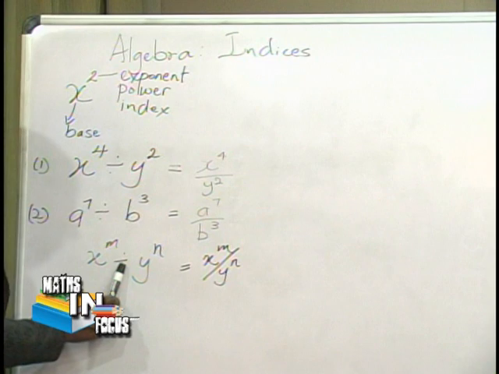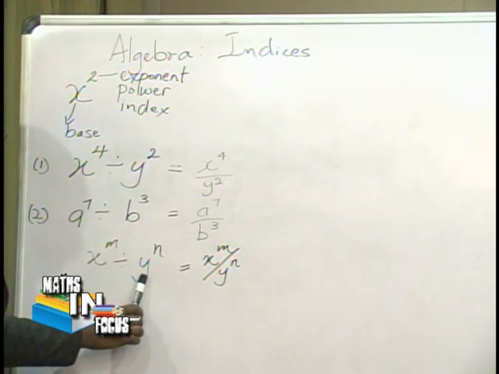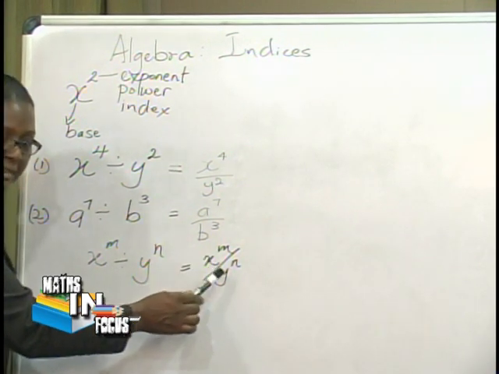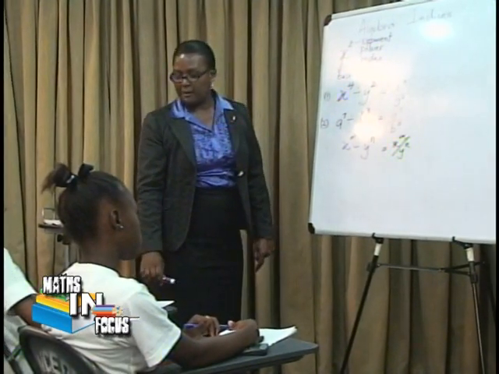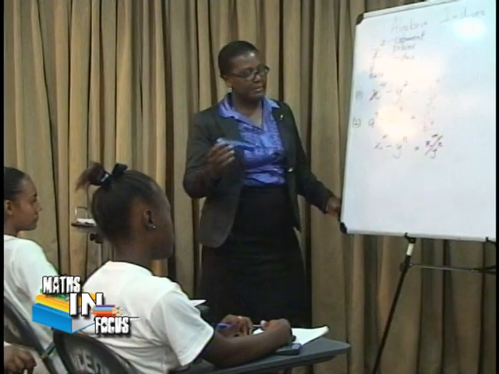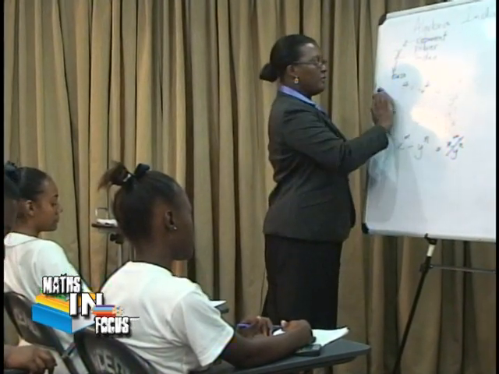So when we're dividing and the bases are different, we basically bring back the same across on the other side. It doesn't change. Okay? So that's our first one for division.